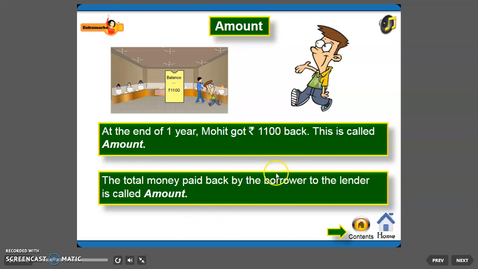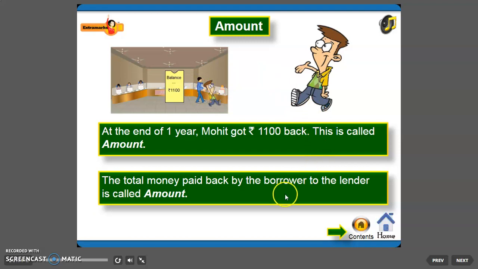You should know who is borrower and who is lender. The one who gives is the lender. One who gets is the borrower. In a bank, if I go and deposit, the bank is the borrower, I am the lender. If I get a loan from the bank, the bank is the lender and I am the borrower.